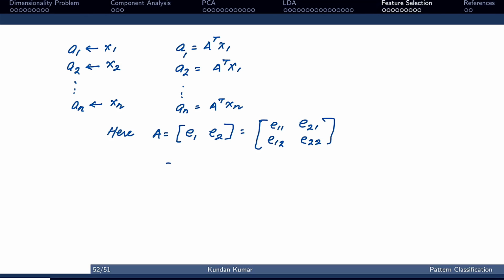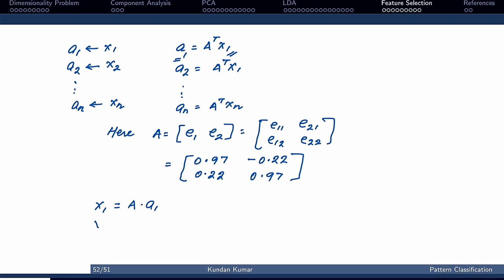For the given problem, the transformation matrix is 0.97, 0.22, minus 0.22, 0.97. If you would like to reconstruct the feature vector x1 from the transformed feature vector a1, then x1 will be A into a1.